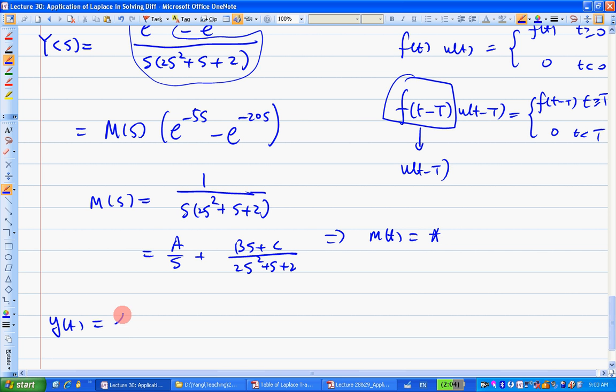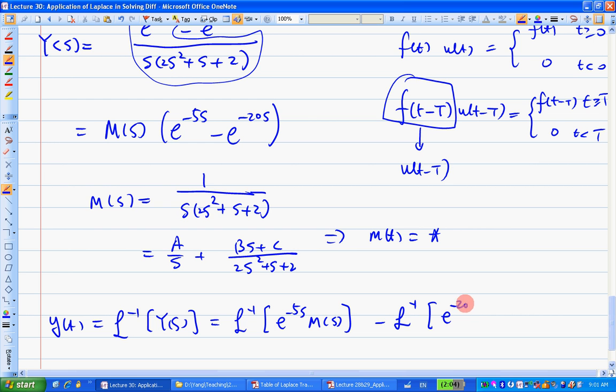Now y of t is the inverse Laplace of capital Y of s. So looking at this, it's going to be the inverse Laplace of this minus the inverse Laplace of this. Is that good?